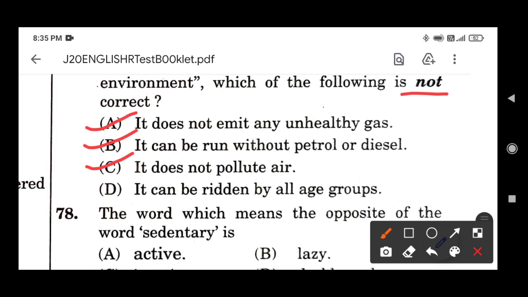See dear friends, small infants can't ride a bicycle, and old age people, the age group like 80 plus, 90 plus or 100 plus, they can't ride a bicycle. So this is what is not correct. So this is the right one. Okay, so in such a way we need to identify the answer.